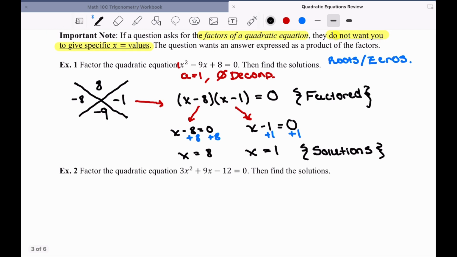Try another example here. We have: factor the quadratic equation 3x squared plus 9x minus 12 is equal to 0, then find the solutions. To first factor this, we're going to have to draw our factoring x. From our equation, a does not equal 1. So what does that mean we have to do? We have to use decomposition.